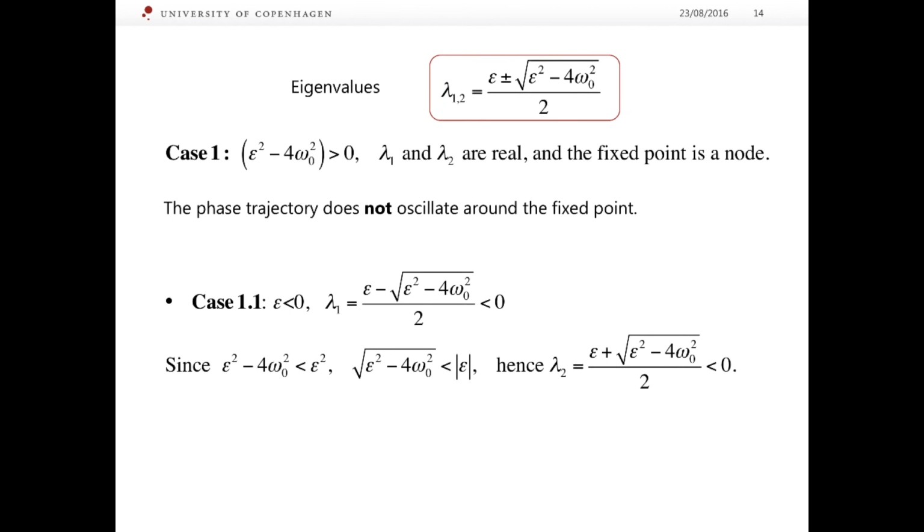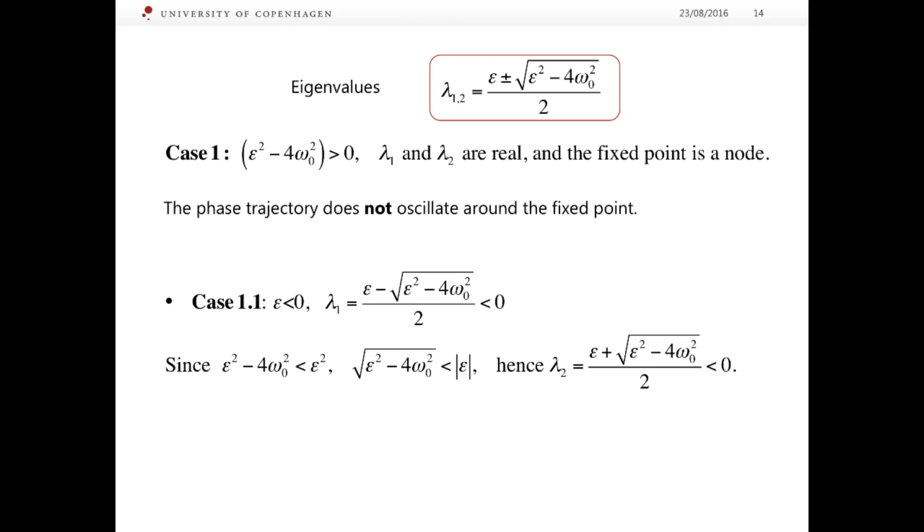Consider the expression under the square root. Here we have epsilon squared, which is a positive number, from which another positive number is subtracted. It means that this difference is less than epsilon squared itself. If we take a square root of both sides of this inequality, on the left-hand side we have the square root appearing in the expression for the eigenvalues, and on the right-hand side we have the magnitude of epsilon.